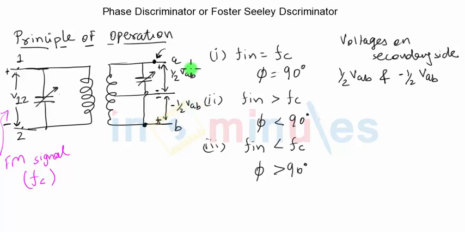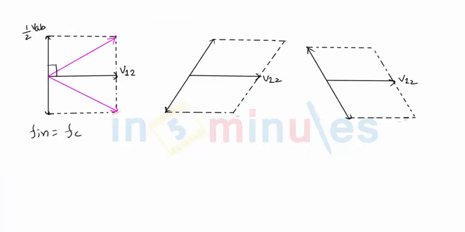Now it is obvious that half VAB and minus half VAB, because we are measuring these voltages at two different ends, will be 180 degrees phase apart. For exactly the same reason, you can see minus half VAB will be vertically down compared to plus half VAB. So this is my minus half VAB phasor.